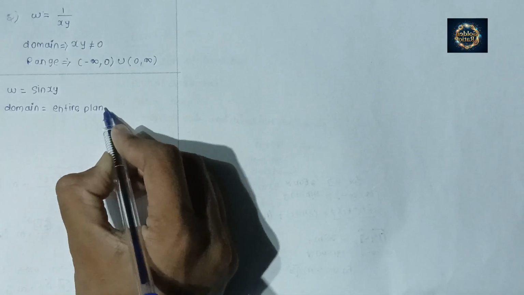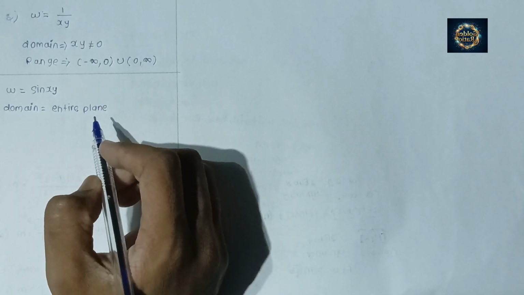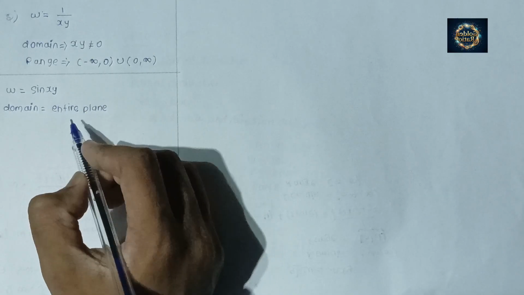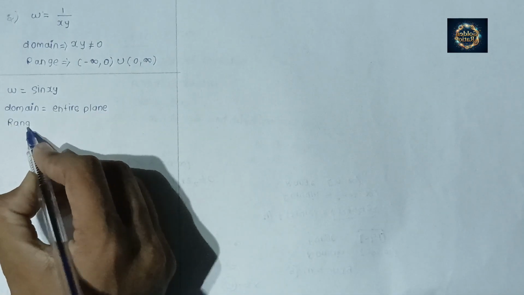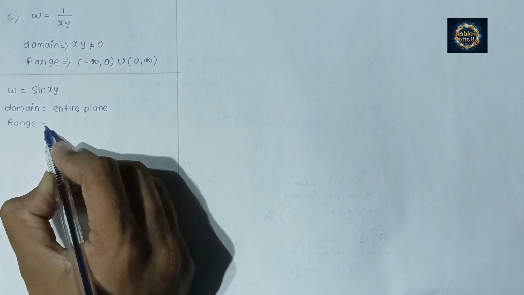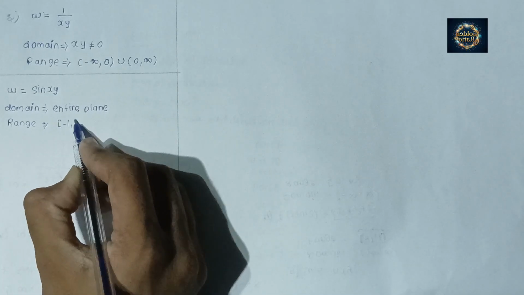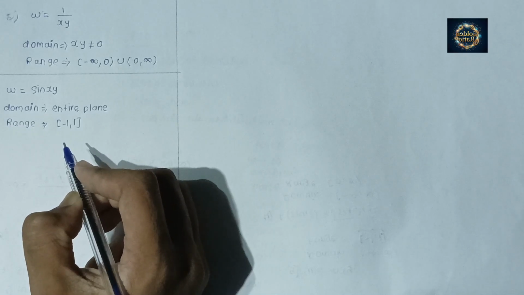We cannot use an indication like minus infinity to infinity, so all possible values that can be given to the sine function form the domain. The range is already known. The range of the sine function that we have already studied is from minus 1 to 1.